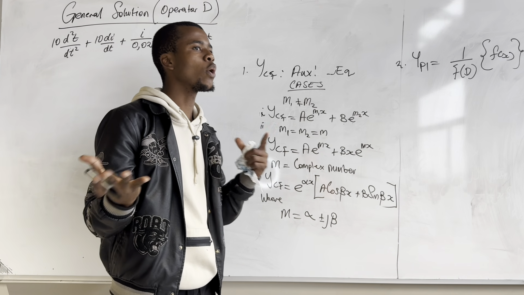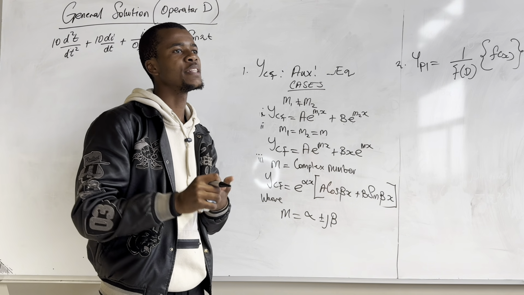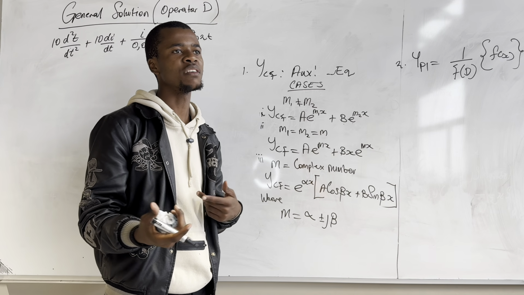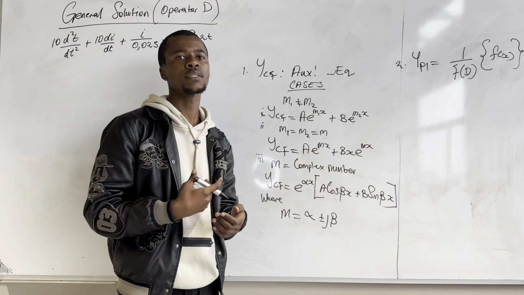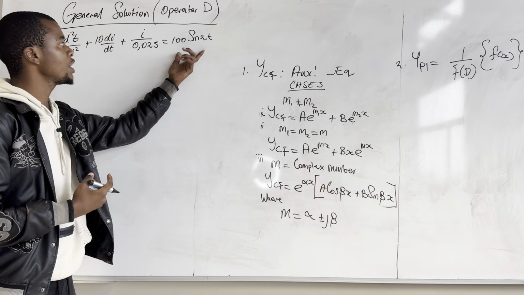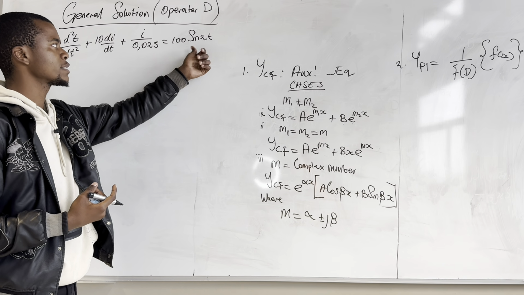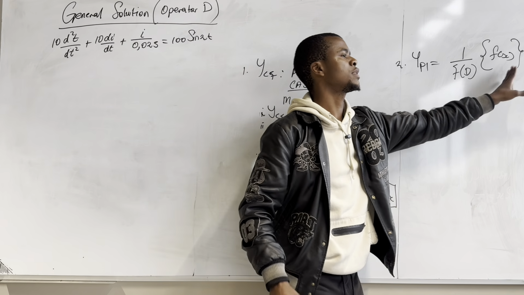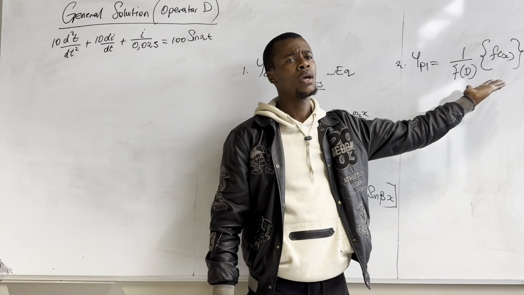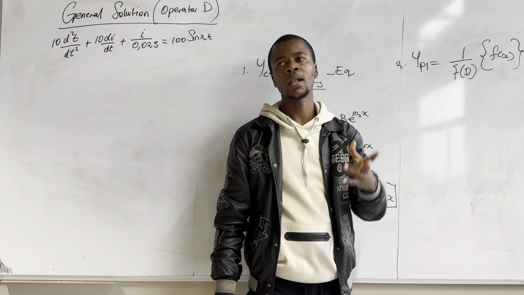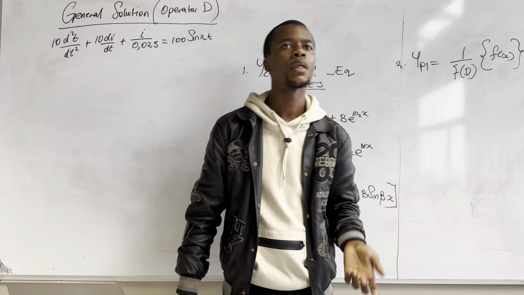It can depend on the theorem that you might be given, and then you just apply those skills. For example, here we are given 100 sine 2t, so you just know, okay, it is theorem 2, and then you apply the skills of theorem 2.